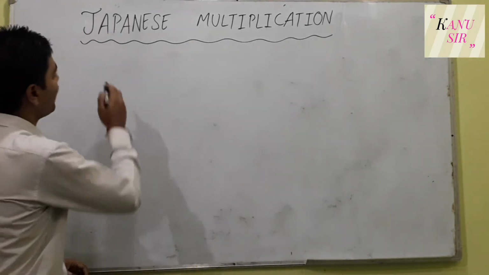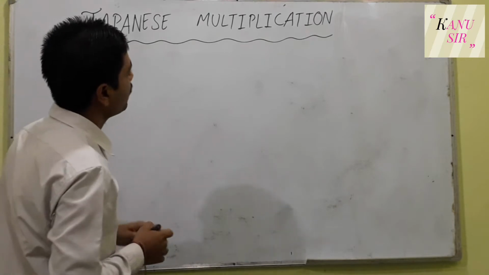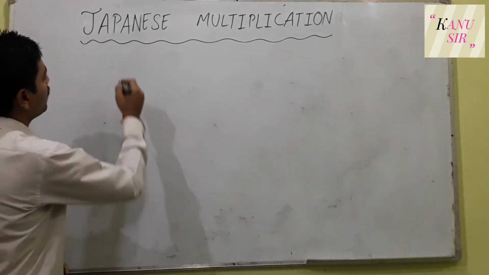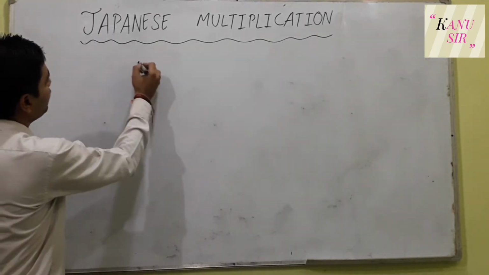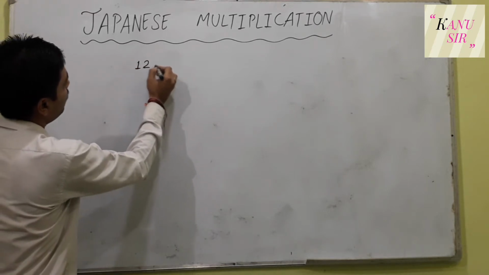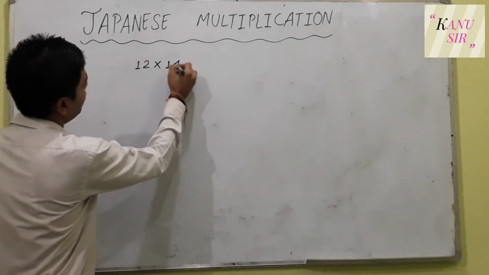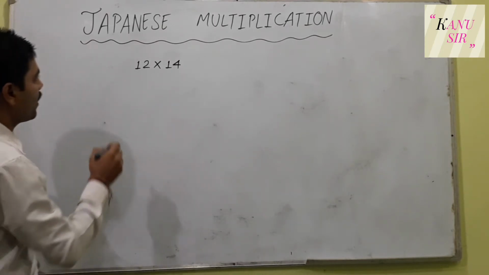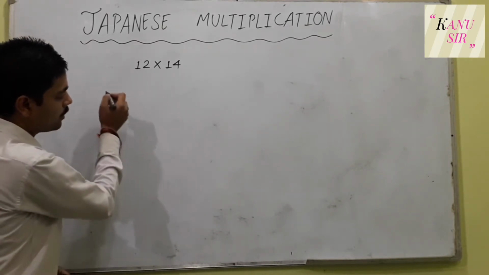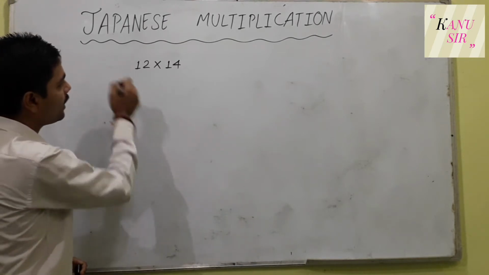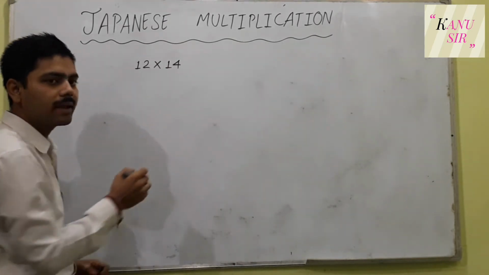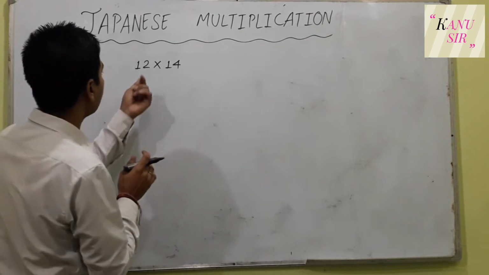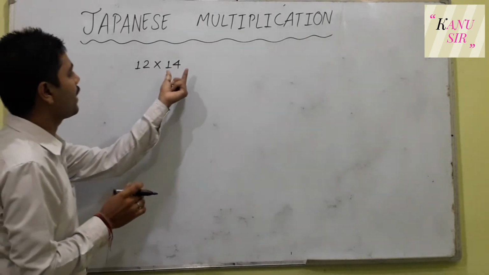So, Japanese multiplication. I will give you a simple example: 12 times 14. When you have to multiply 12 times 14, you have to make lines, and with the help of crossing lines you can find the product of 12 times 14.